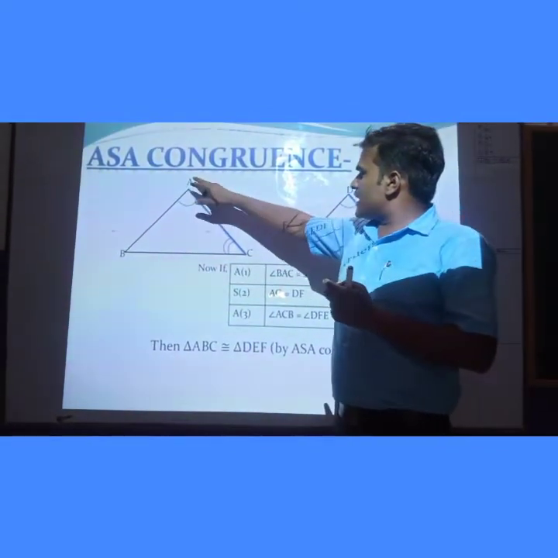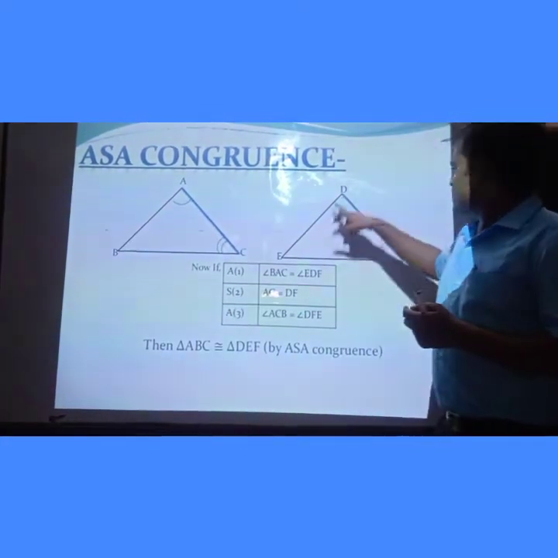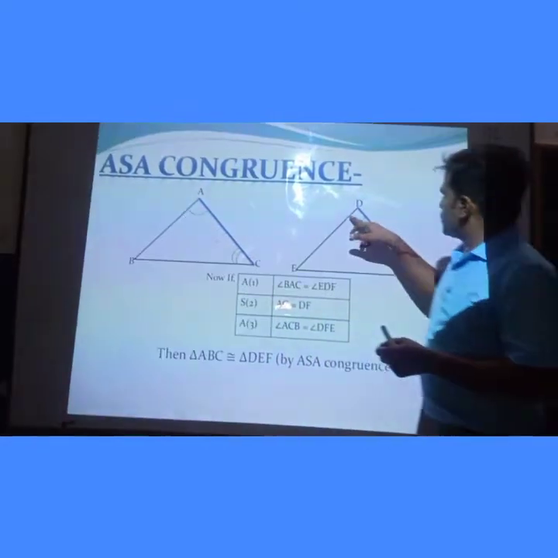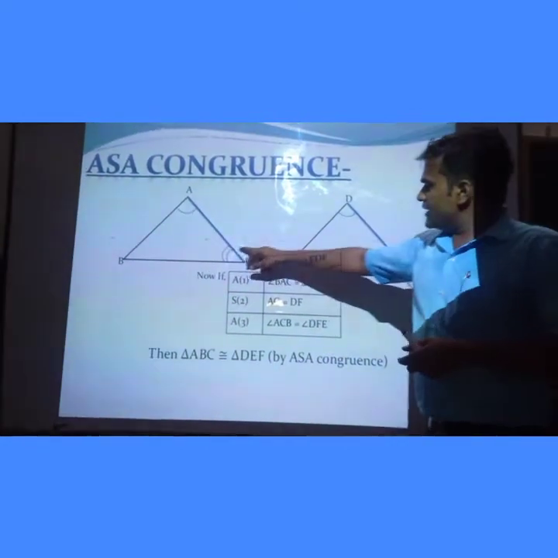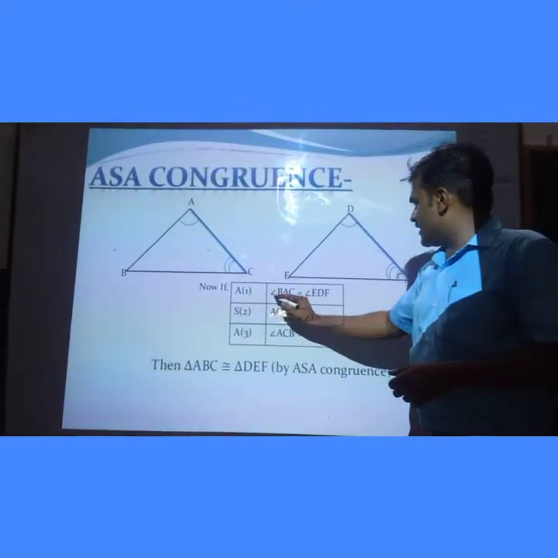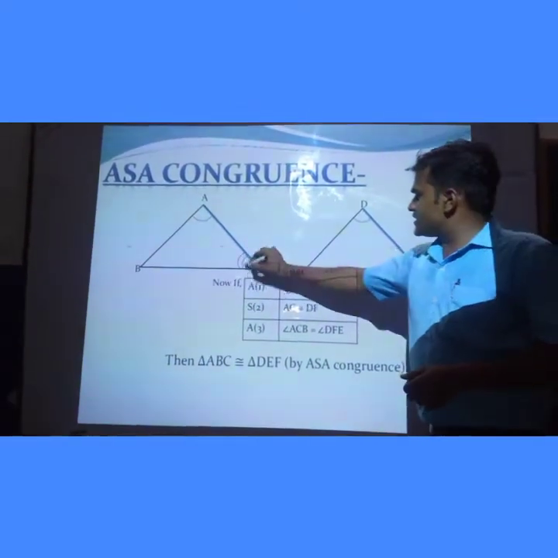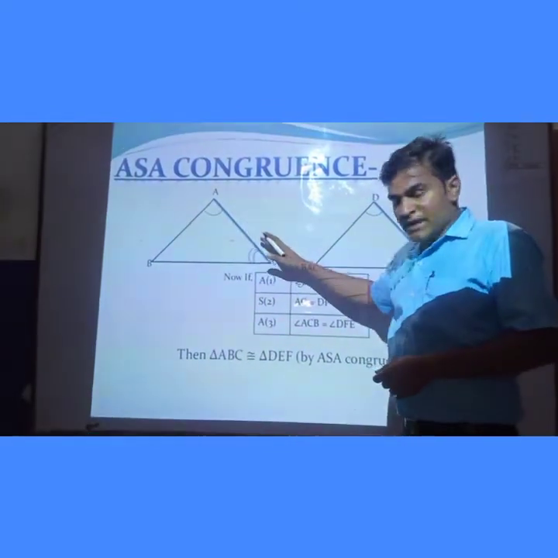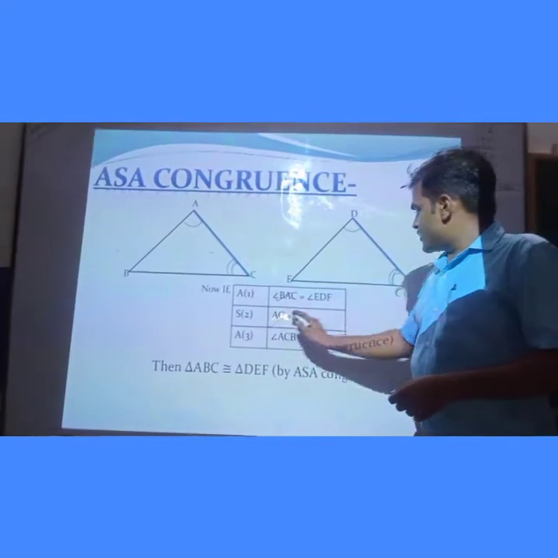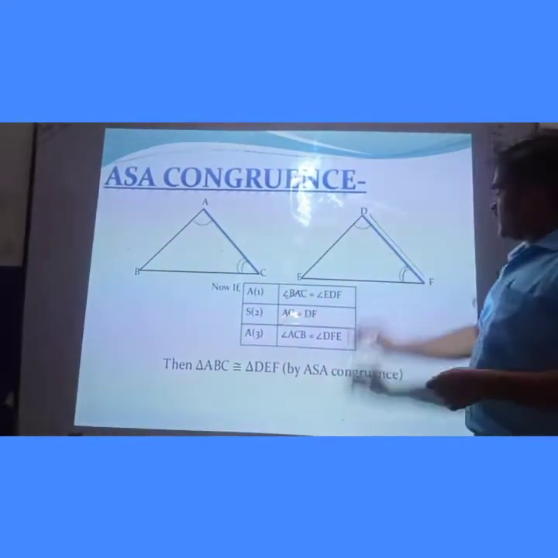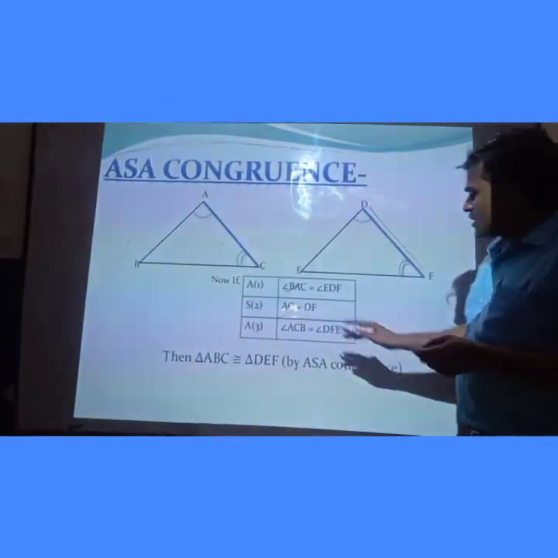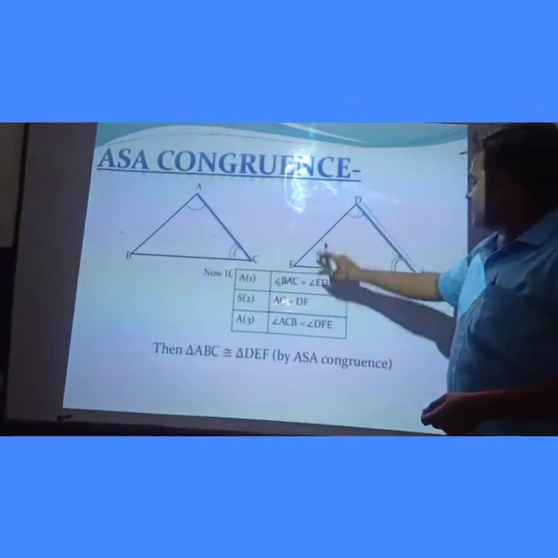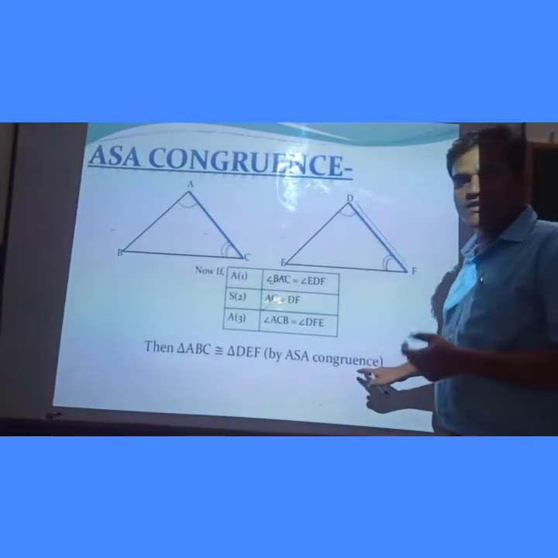So in triangle ABC and triangle DEF, angle A and angle D are equal, angle C is equal to angle F, and the included side of these two angles, that is AC, is equal to DF. Okay, so triangle ABC is congruent to triangle DEF by ASA congruency criteria.